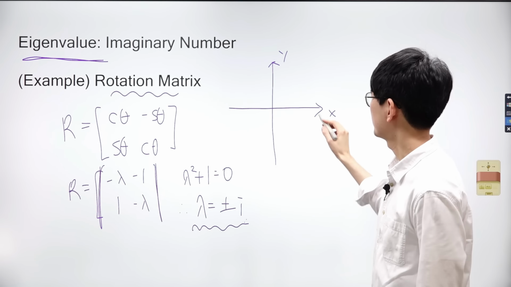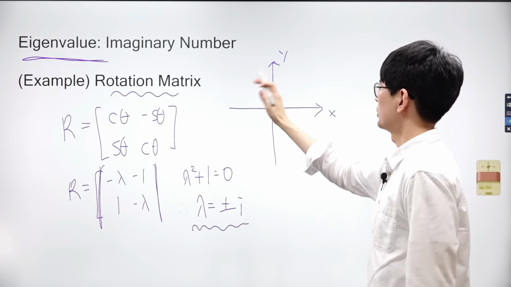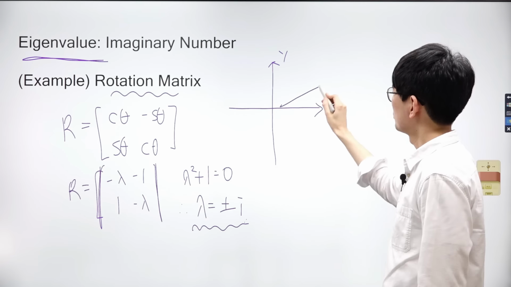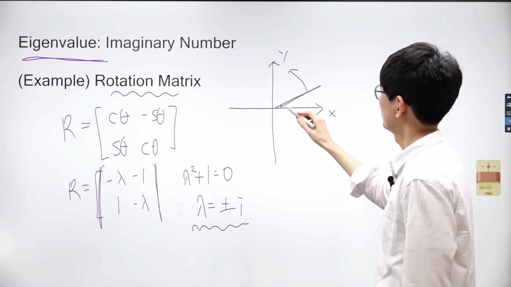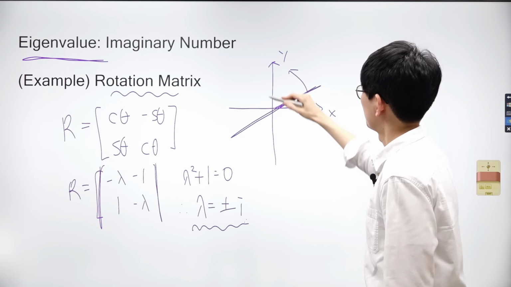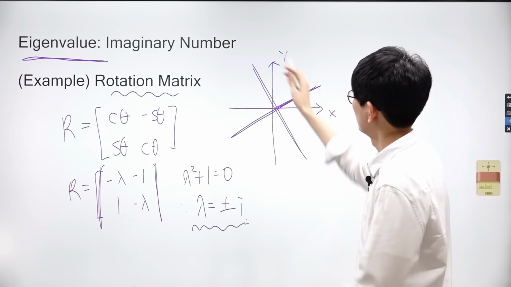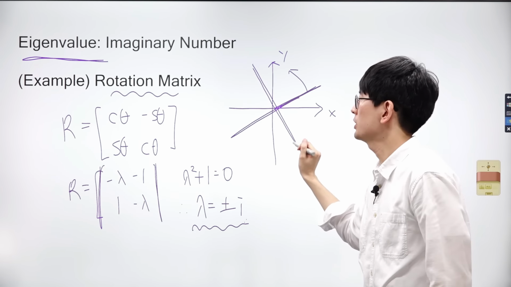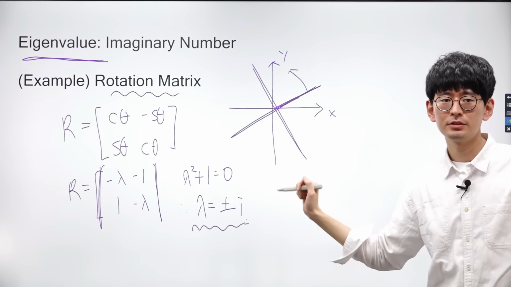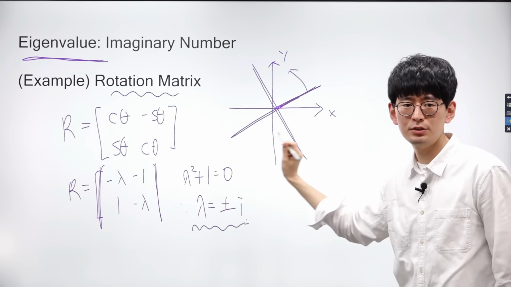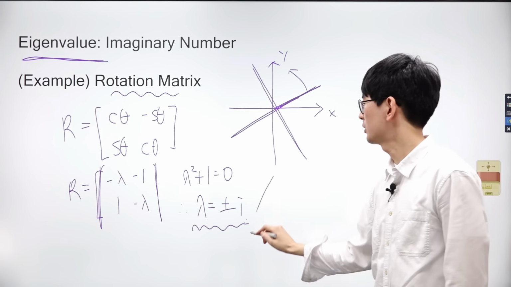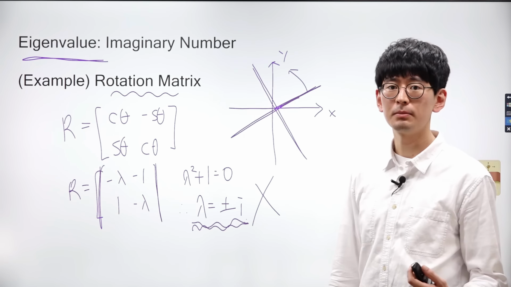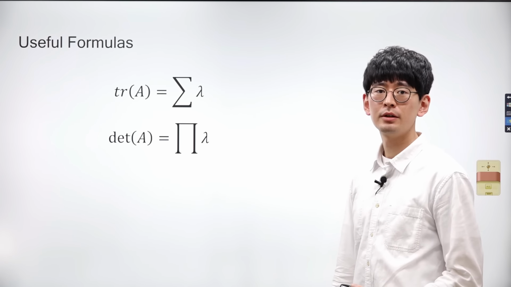The rotation matrix R rotates the space by 90 degrees, which means the direction of every vector or line crossing the origin will be changed. Thus, imaginary eigenvalues imply that there are no vectors on the plane that maintain their direction after the transformation. So remember that if you obtain an imaginary number for an eigenvalue of a matrix, there are no vectors that maintain their directions after the transformation.